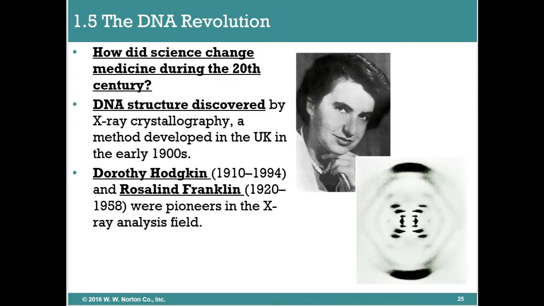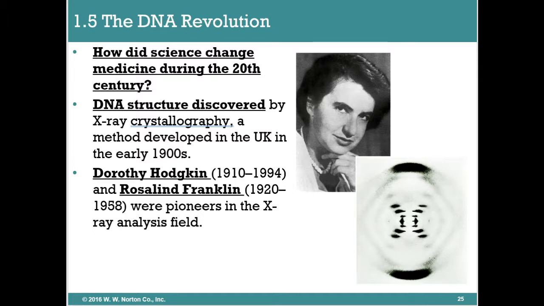so now we're going to go into the history of DNA. The structure was actually discovered by using something called X-ray crystallography. This was a method that was developed in Europe in the early 1900s.